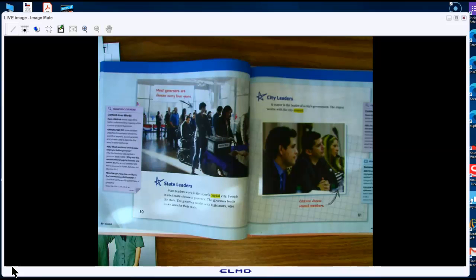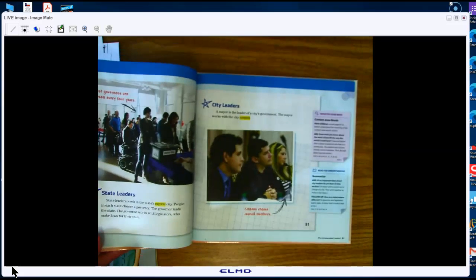People in each state choose a governor. Now there's a governor in that one, but does it tell me what a governor does? No. It just tells me that people choose them. But the governor leads the state is the main job of the governor. Now the next sentence tells me something else the governor does. The governor works with legislators who make laws for their state. So he works with legislators and he leads the state, or she.